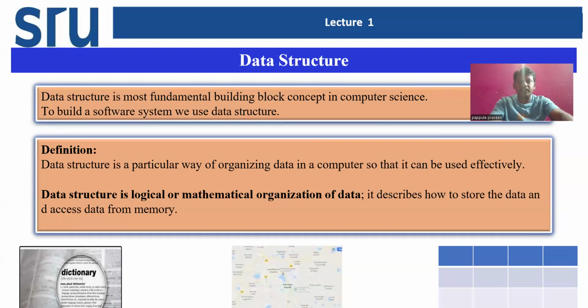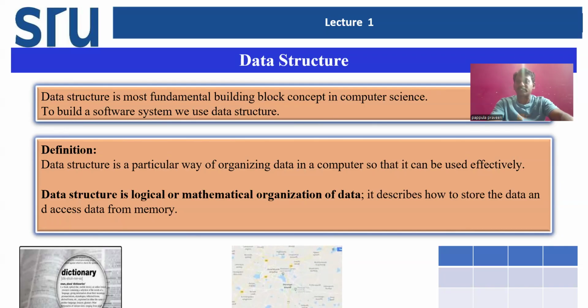Now observe here, data structure is the most fundamental building block concept in computer science. To build a software system, we use data structures. A data structure is a particular way of organizing data in a computer so that it can be used effectively. A data structure is a collection of elements organized in a structure.